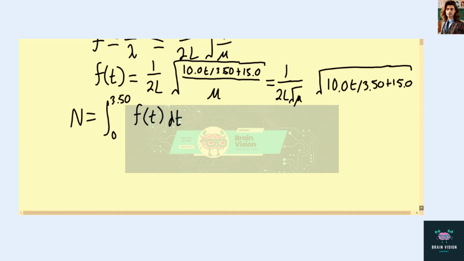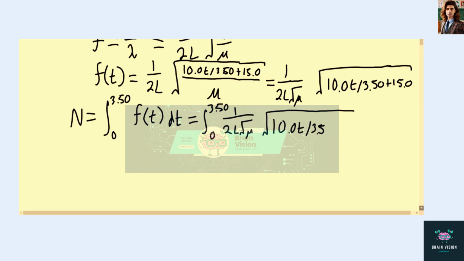which then, of course, becomes, if we just expand the formula, the integral from 0 to 3.5 of 1 over 2L square root mu times the square root of 10.0 t divided by 3.50 plus 15.0 dt.